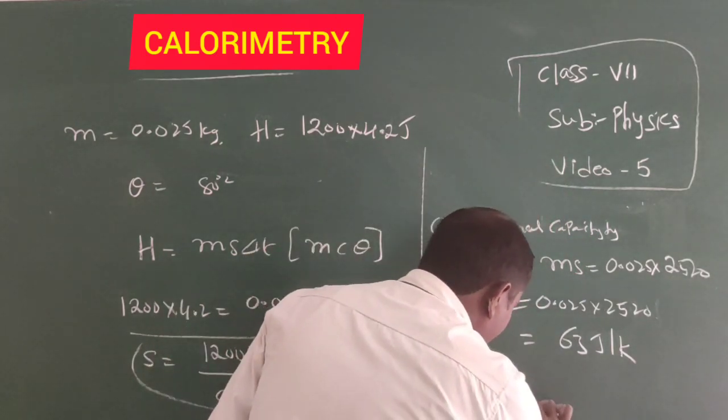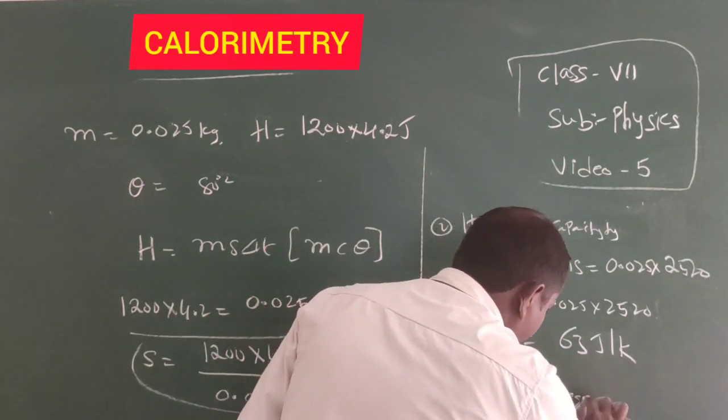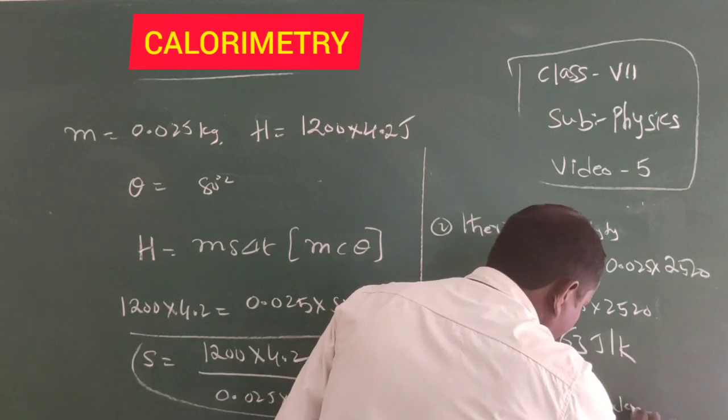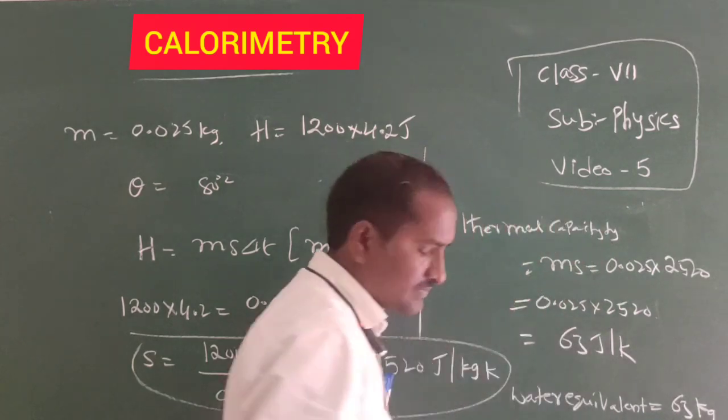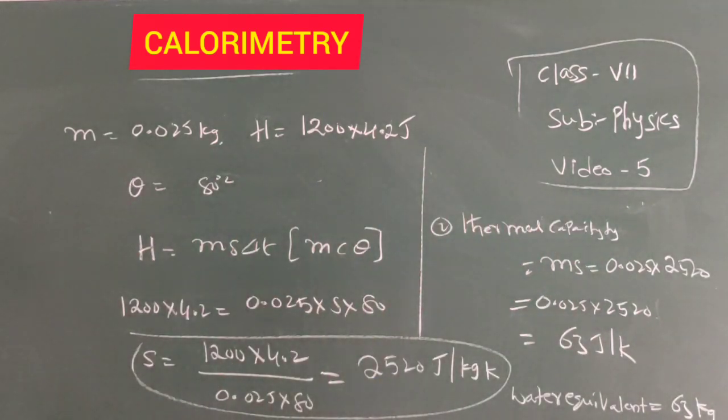And the water equivalent equals 63 in kg. It is the process to find the water equivalent and the thermal capacity.